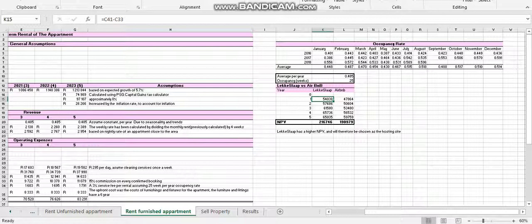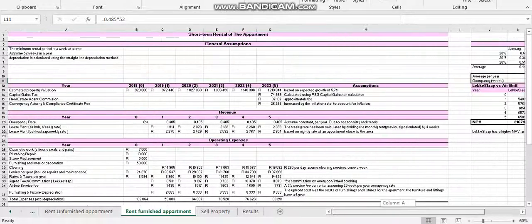The tourism guide from South African Statistics could provide occupancy rates. I then used the average for each month and then created an average for the year and used that as the occupancy rate. It was found that the occupancy rate is 25 weeks in a year, or 0.485.